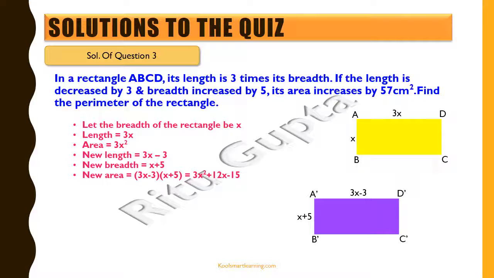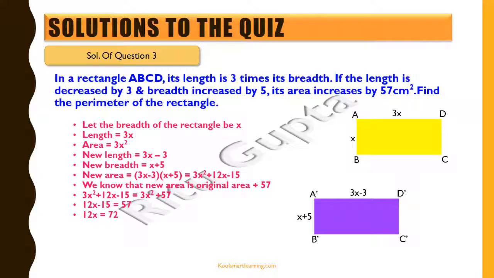So original area was 3x square, so 3x square plus 57 should be equal to 3x square plus 12x minus 15. Now, if you look at the equation, it has the power of 2 of the variable x, but since both of them are equal, it can be reduced to a linear equation, and it becomes 12x minus 15 is equal to 57.